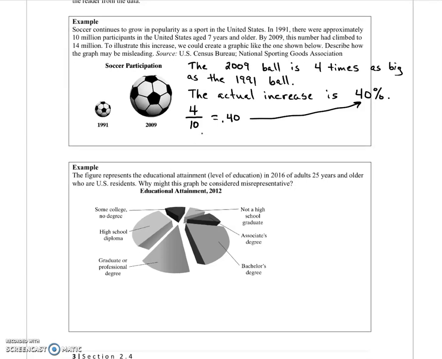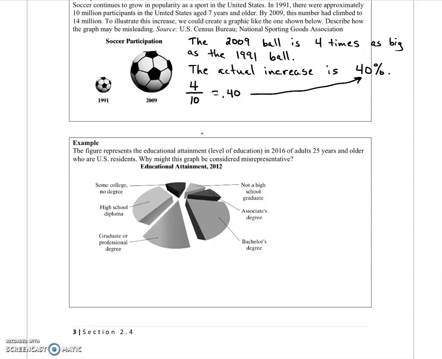What about in the second example? In the second example, the figure represents the educational attainment in 2016 of adults 25 years and older who are U.S. residents.